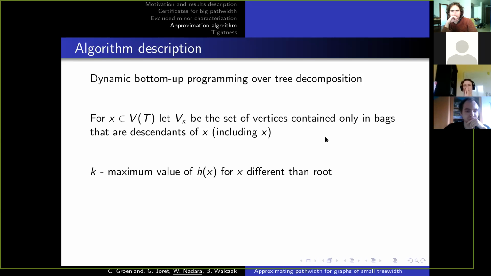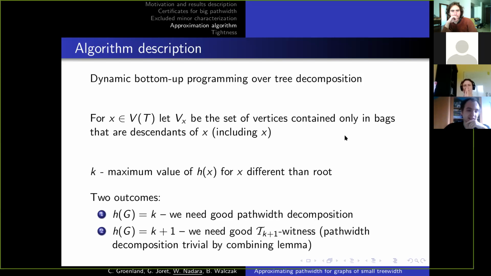There are two outcomes of our algorithm. Either we find a way to compute a path decomposition of width the same as the biggest width that we have encountered in our children.